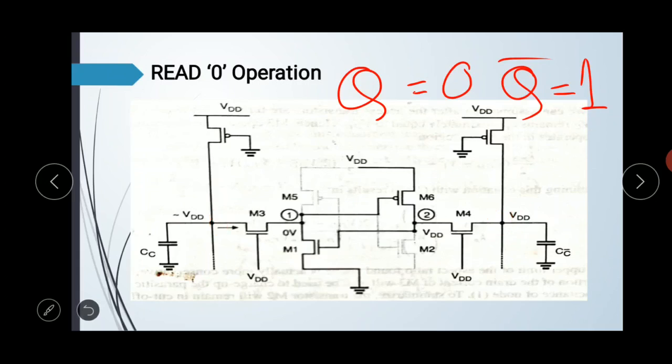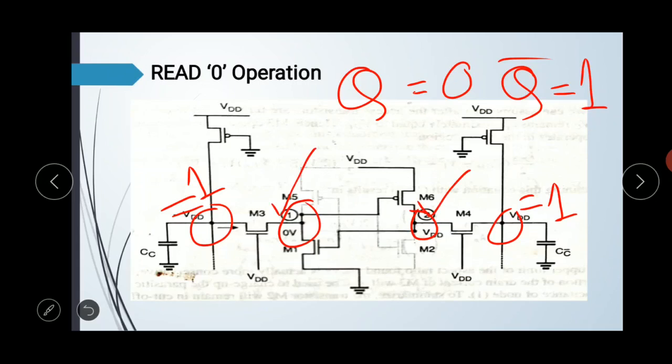These nodes are at logic 1 level, and this node, where initially we assume Q equal to 0, is at logic 0 level, and this is the Q bar point, at logic 1 level.